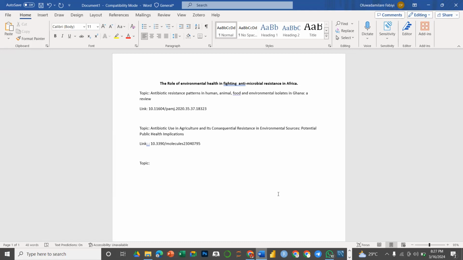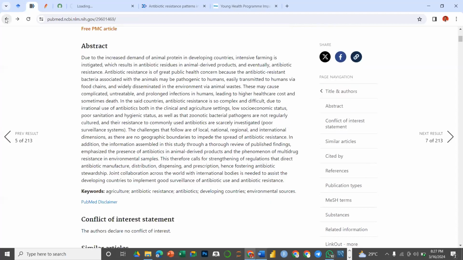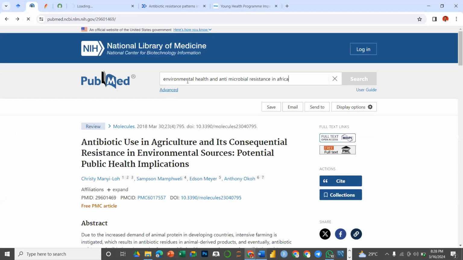Because whenever I'm going for my literature review, I will now search for agriculture and antibiotic resistance. You know, that's very specific. That's why I said in literature review, you need to be very specific. If not, you see too many things that you don't need. So now let me search for it and see, you see what I'm talking about now.